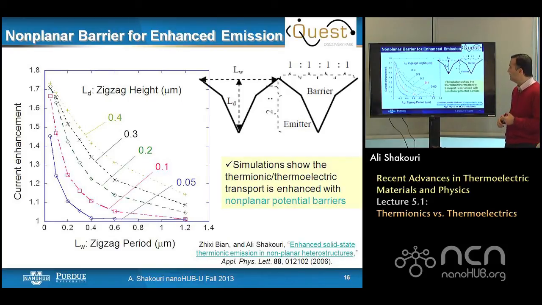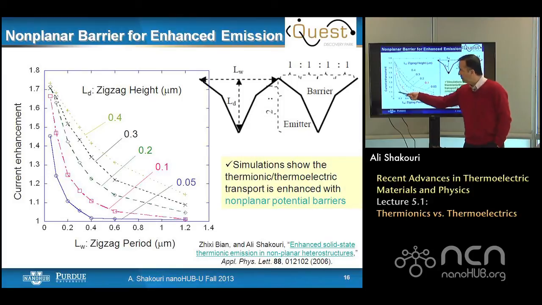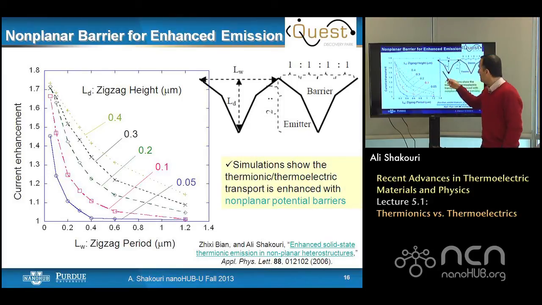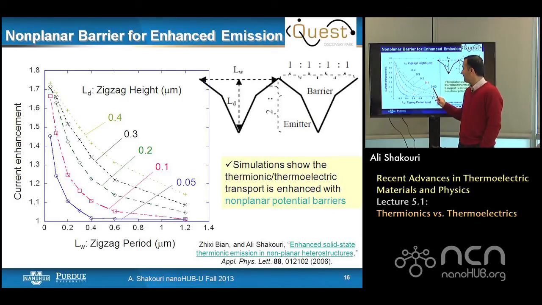Here are some early calculations shown in this paper in 2006. The amount of current enhancement when you use this double zigzag barrier, as a function of the period of the zigzag, shown between 0.2 and 1 micron, and as a function of the zigzag height, how deep it is, again between 0.05 micron and 0.4 micron.